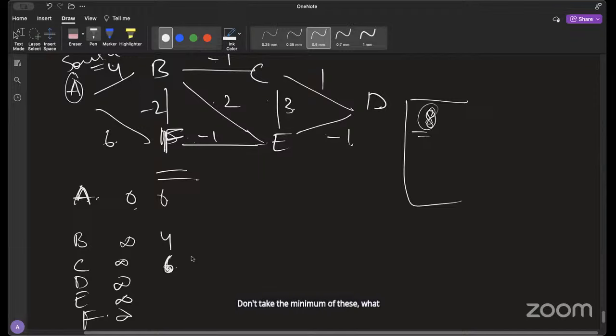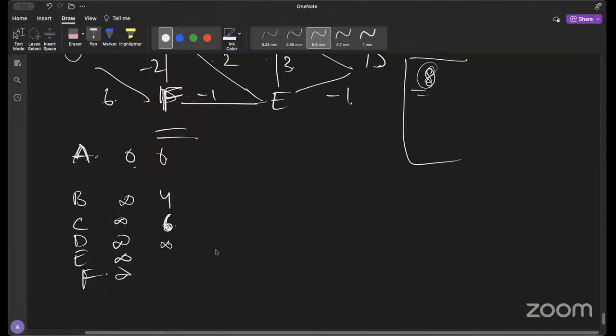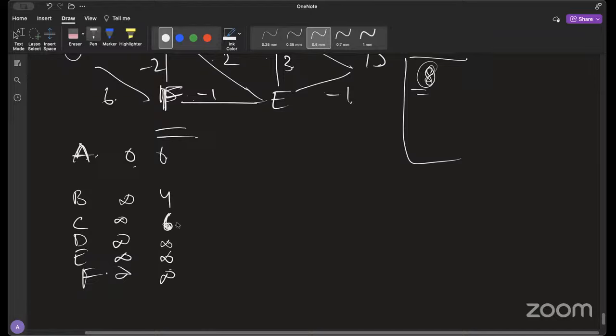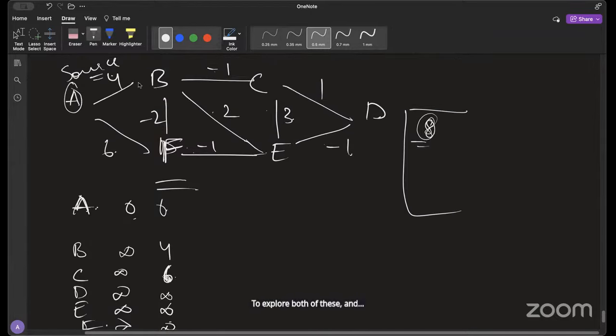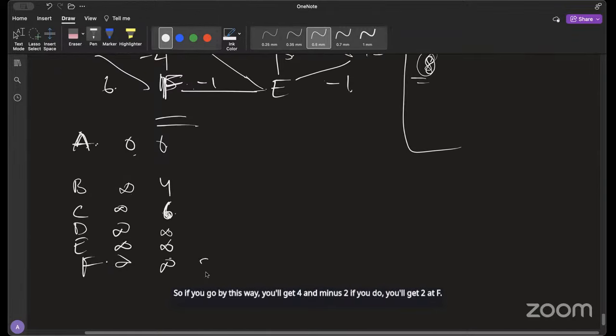What you do is explore both of these. If you go this way, you'll get 4, and minus 2 gives you 2 at F. Right? Yes, ma'am.